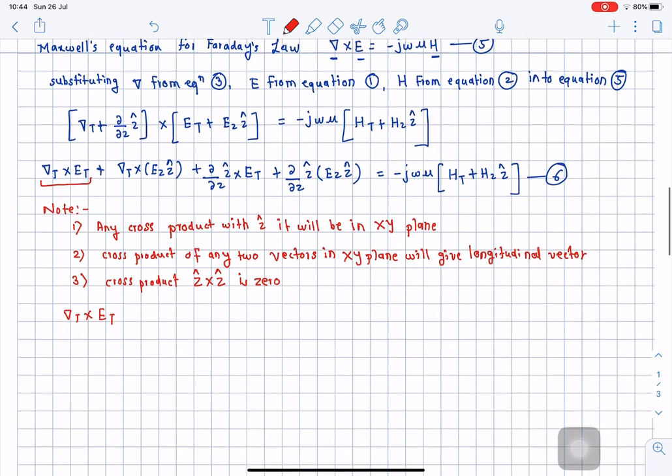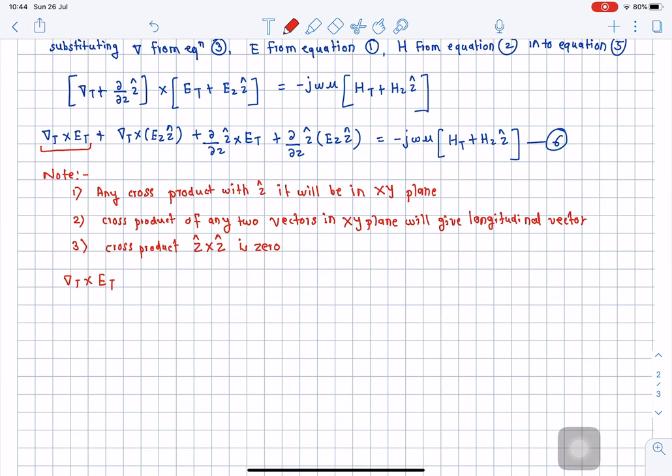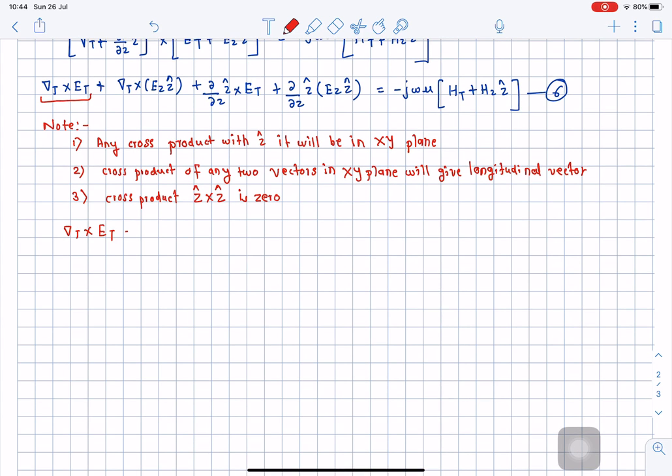When you take the cross product of two vectors which are in the xy plane, they will produce a longitudinal vector, in the z direction, please remember. Because these original two vectors are in the xy plane, the cross product generates a third vector which will be located in the z direction.